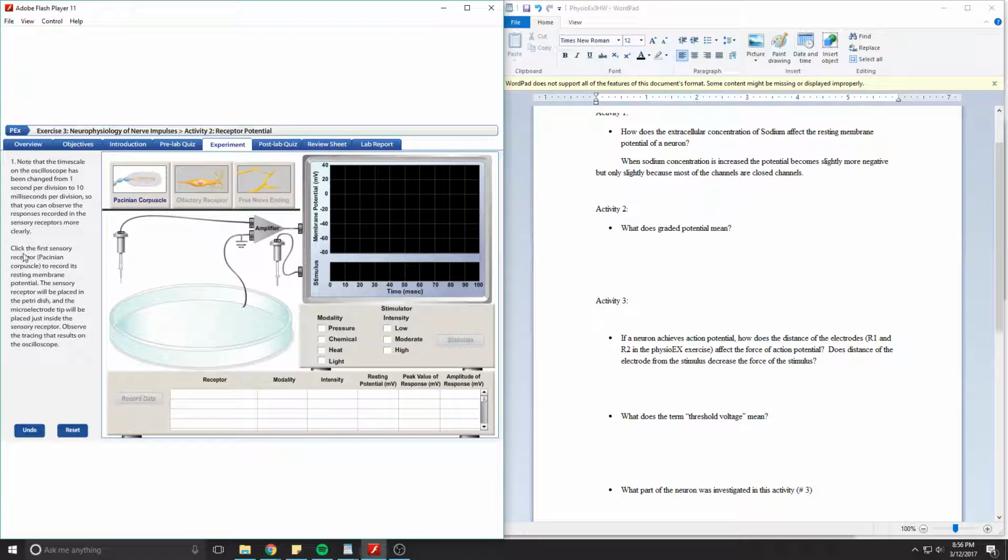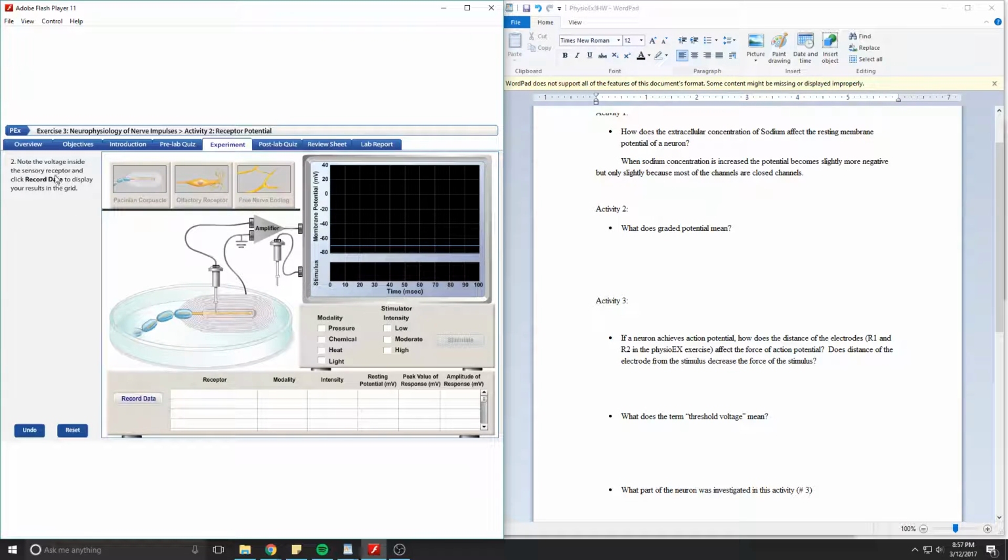Click the first sensory receptor, so this one, to record its resting membrane potential. Note the voltage inside the sensory receptor, and click record data to display. So it has -70 inside.